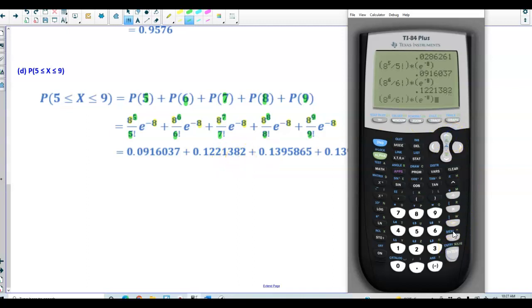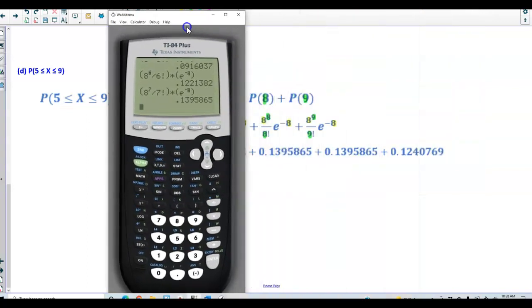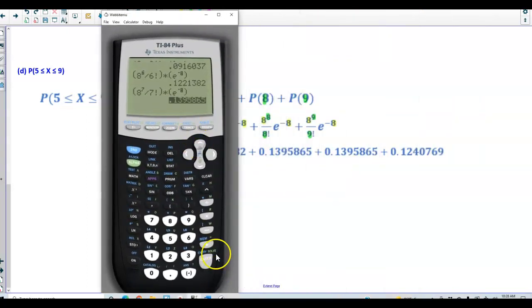Again, we're going to take the value here, we're going to press enter, and now this becomes 8 to the 7th power divided by 7 factorial times e to the negative 8, and then we get a probability of 0.1395865. Okay, let's move this over and let's do this again.